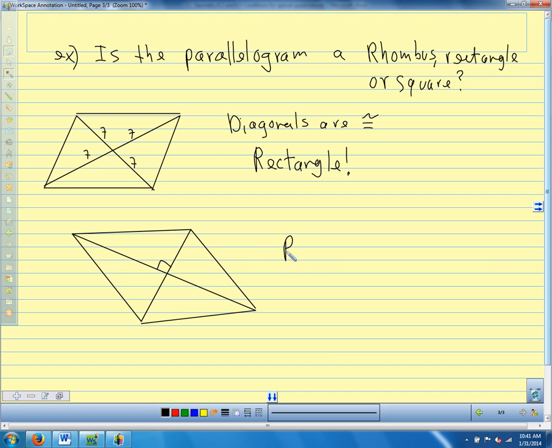And why is it a rhombus? The diagonals are perpendicular. And we're going to use a symbol. Remember, the upside down T symbol means perpendicular. It means they make a 90 degree angle. Because the diagonals are perpendicular, that makes this into a rhombus.